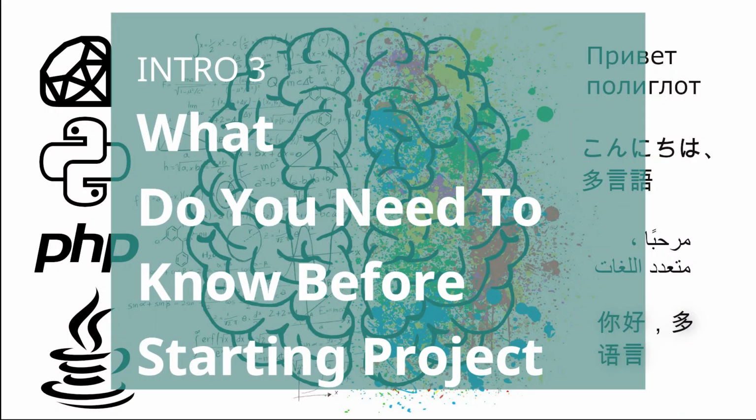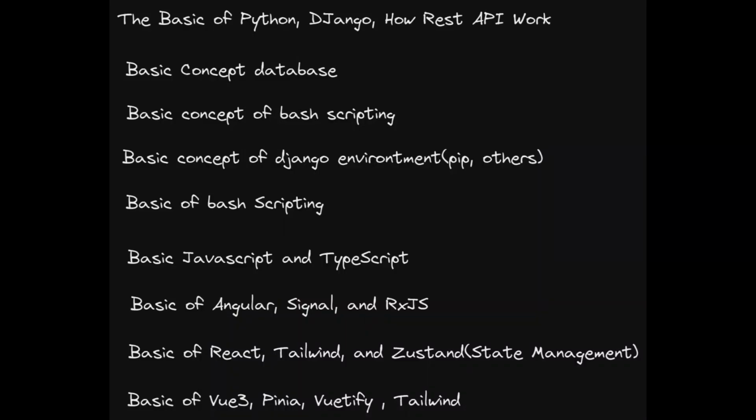Okay, what do you need to know before you start the project? First is the basics of Python, Django, and how the REST API works. Second is the concept of databases. You can use SQLite or PSQL, and also basic scripting. Also, you have to know the concept of a Django environment and basic scripting. And basic JavaScript and TypeScript.